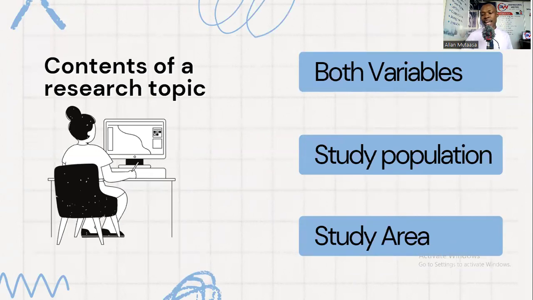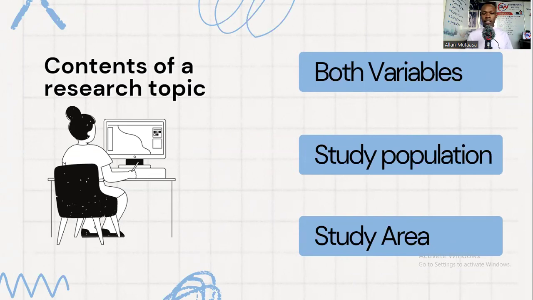And then it should also contribute to new knowledge. Okay, so what are the major contents of a research topic? So a research topic must have variables. A variable is a characteristic of interest. So it must have both the dependent and the independent variables very visible and clear in the topic. Then the next thing is it should show our study population.